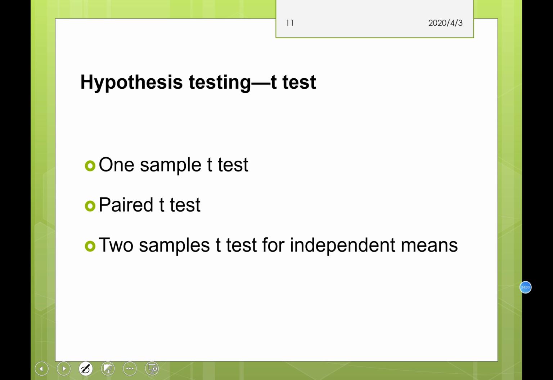That is one sample t-test when sigma is not given, which is learned in chapter 5, and paired sample t-test used for 2 samples.